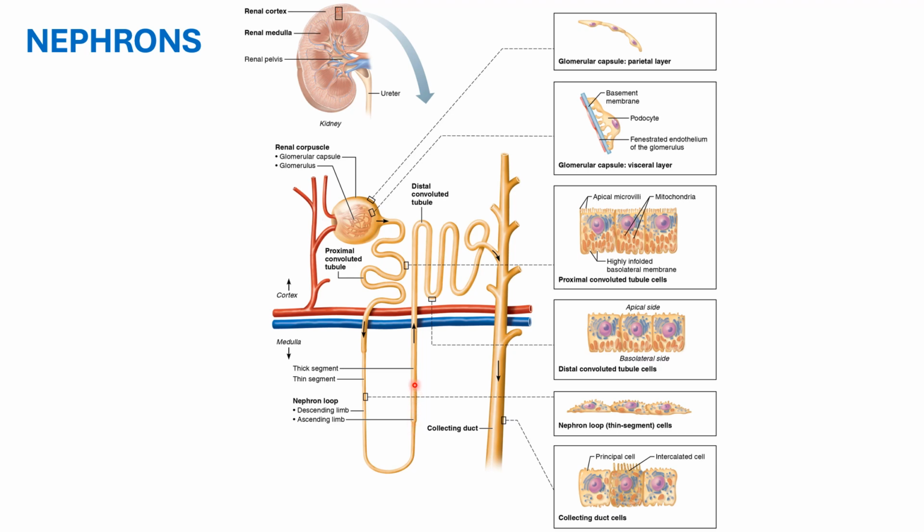And then this is the thick ascending limb. And over here, this is the distal convoluted tubule, and this goes into the collecting duct. So this is the tubular portion of the nephron, and this is the renal corpuscle portion of the nephron.